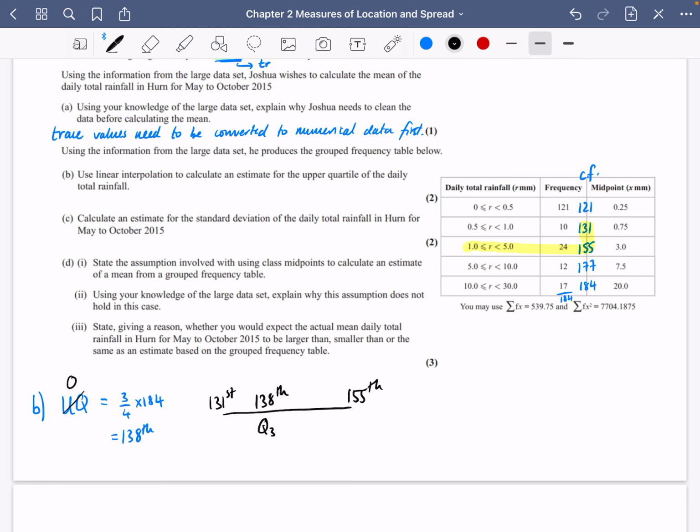I guess I could have called it here Q3. I don't really mind, whatever you want to call it. And that's going from 1.0 to 5.0. So my calculation for Q3 is going to be 1 plus this fraction, so that's 7 out of this whole group here, 7 out of 24, multiplied by the length on the bottom, excuse me, which is 4.